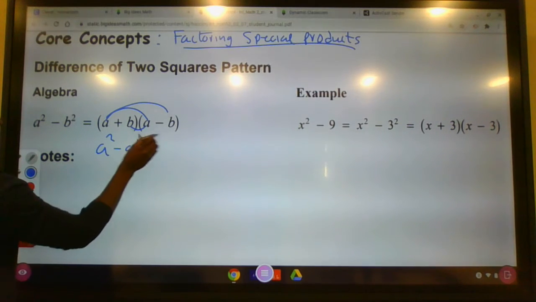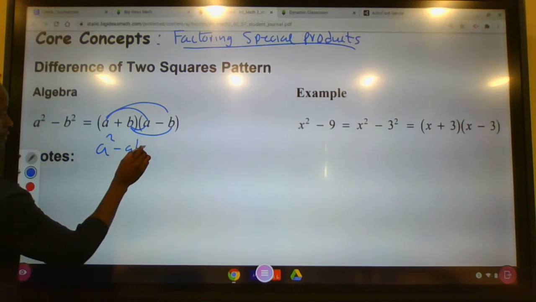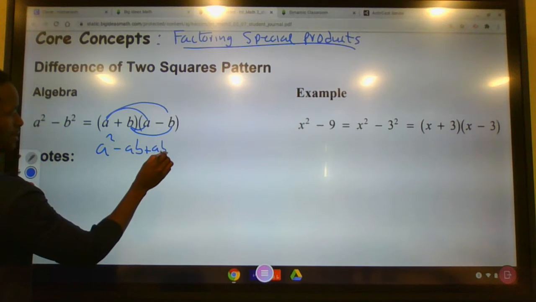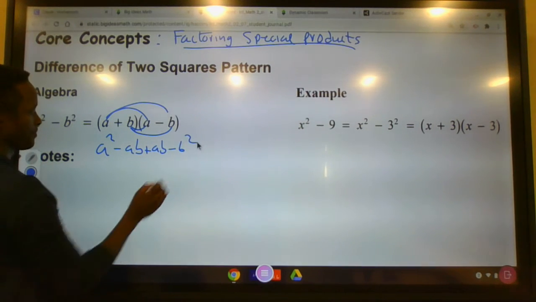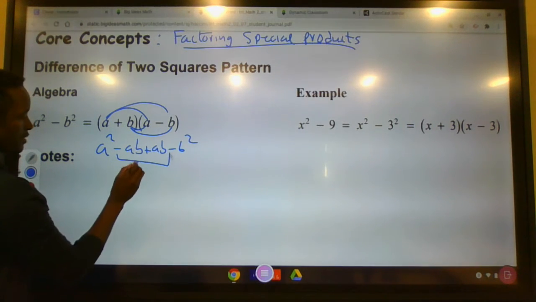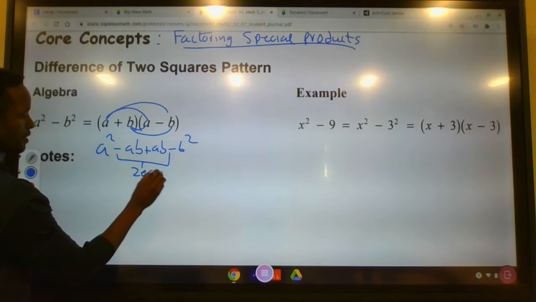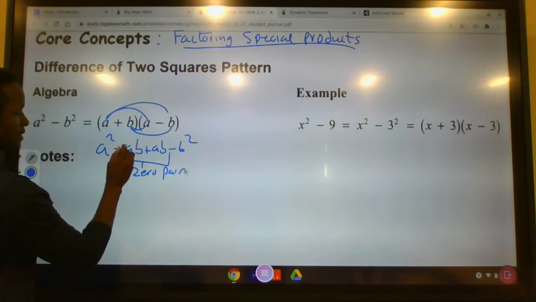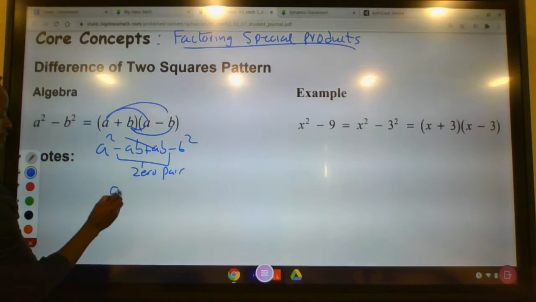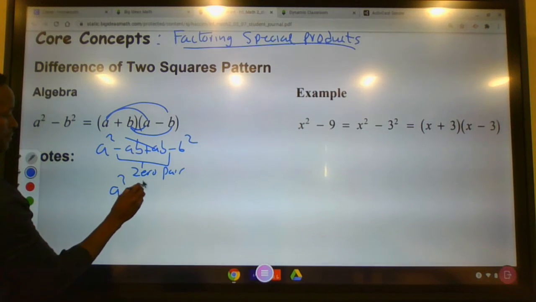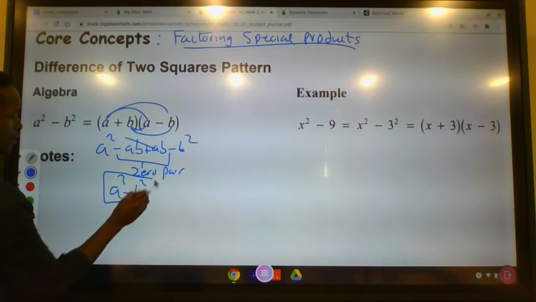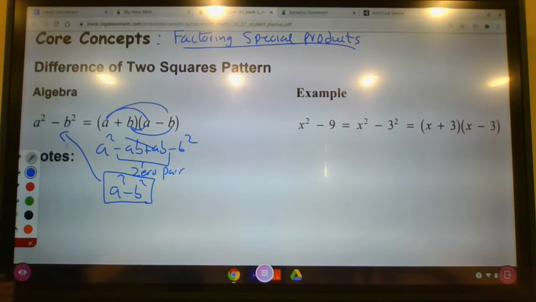And then we'll multiply this to that, which gives us plus ab minus b squared. Notice how we have a zero pair here in the middle that just crosses out. So in fact we have a squared minus b squared left, and it should look familiar.